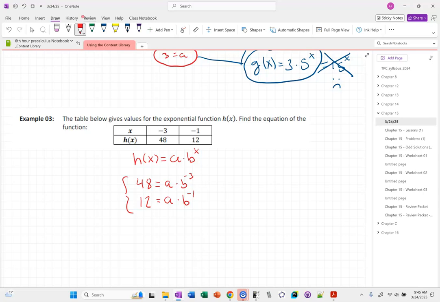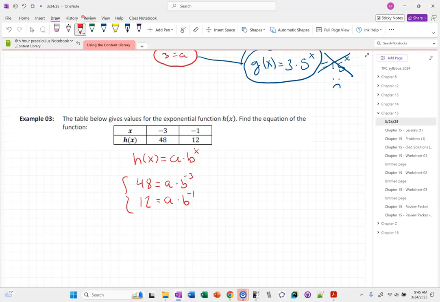Now, this particular system is different than the systems you've seen, because most of the systems you saw were like 3a plus 7b plus 9c equals 10, where the variables were being added or subtracted from one another. Here, our variables are being multiplied.